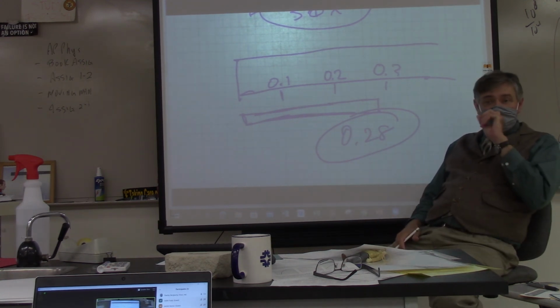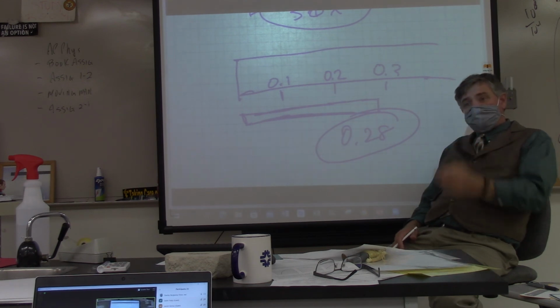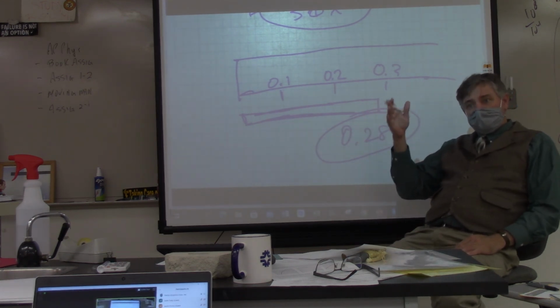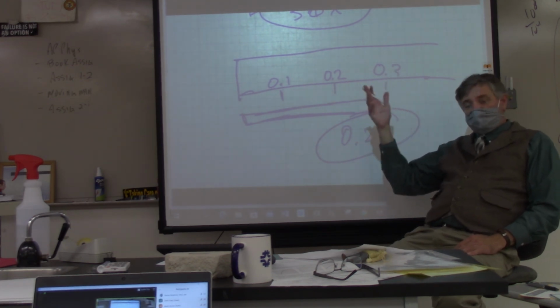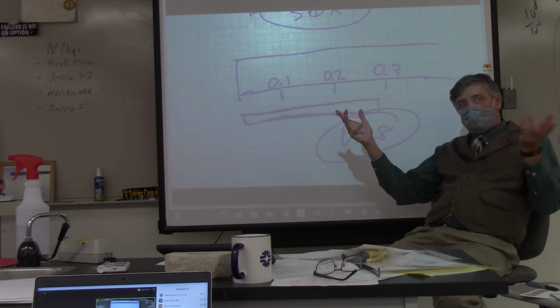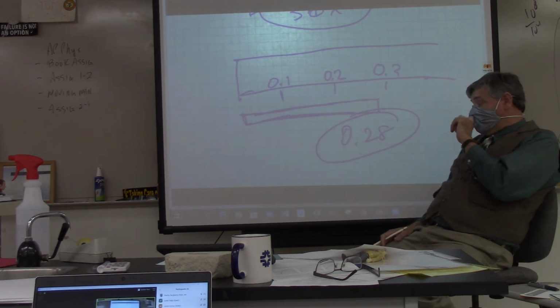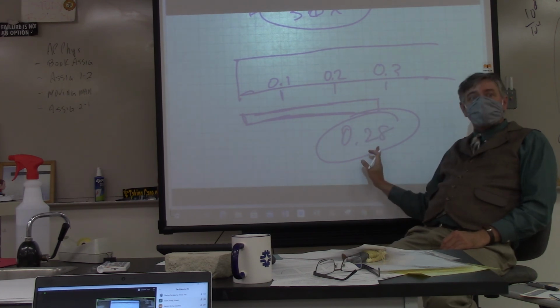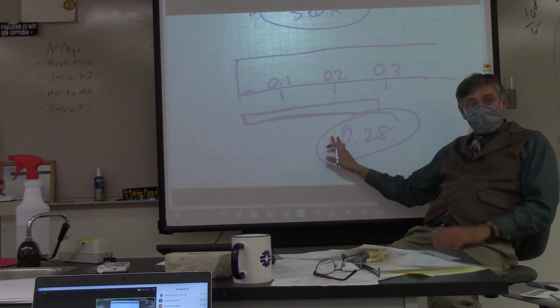Even when you looked at your time, when you had 1.47 seconds, the 1 and the 4 were known values. That 7 is what the timing device estimated, and that was kind of, oh, this is what we think it is. So when you're looking at a measurement, the last digit's a guess, the first digits prior to that are known values.